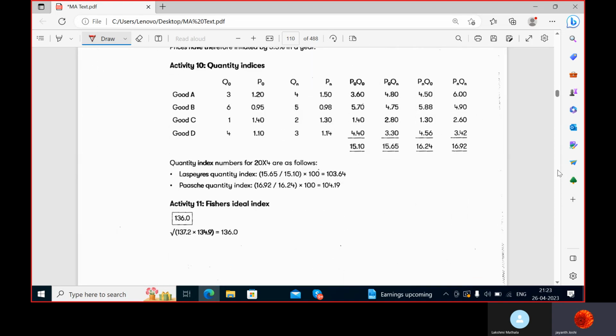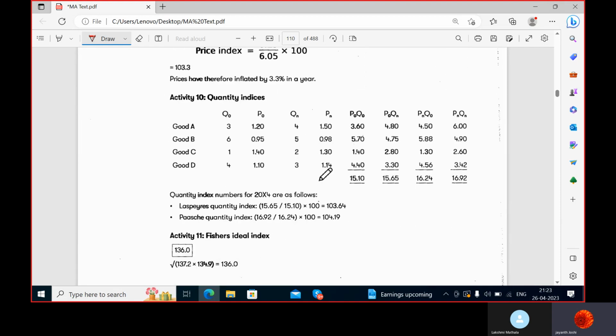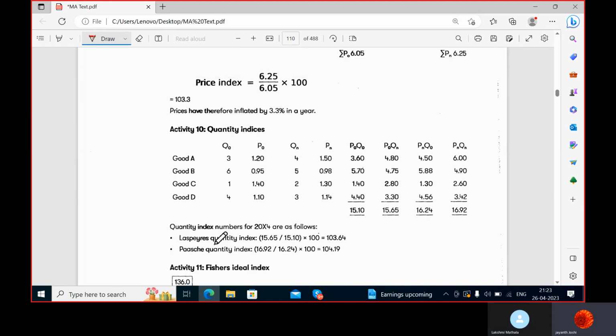Activity number. Is this the activity? So you have to find last year's quantity and past year's quantity.